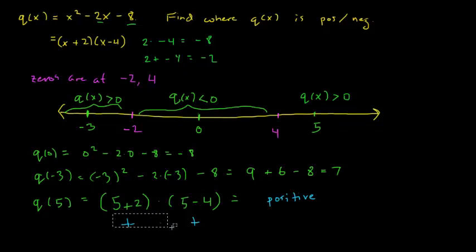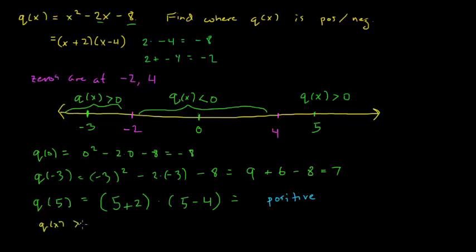Okay, so we can take this information now and actually answer the question. We've got all the pieces there, but we should actually endeavor to answer the actual question, right? It wants to know, find where q of x is positive, so let's write that down in interval notation.